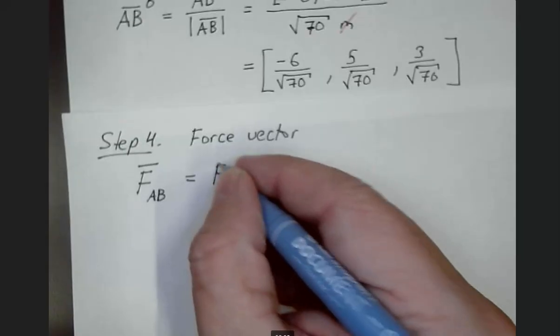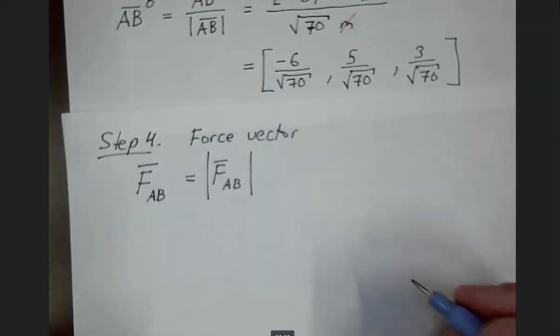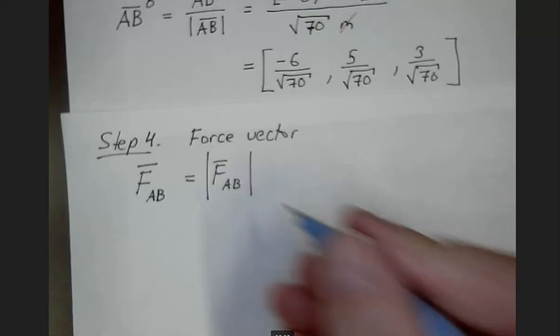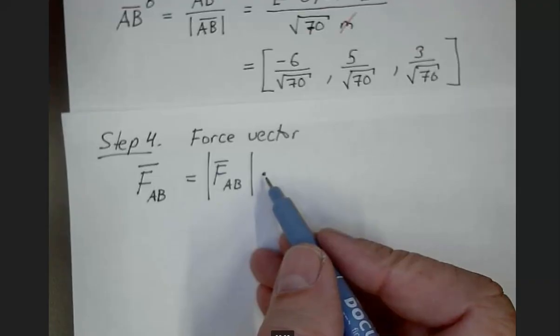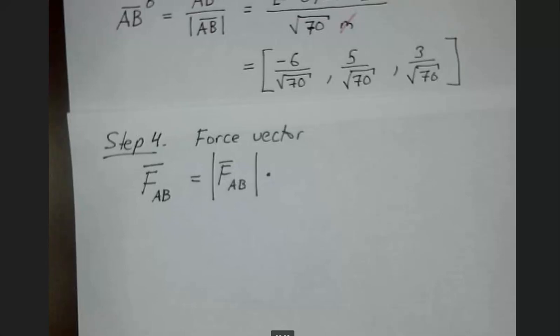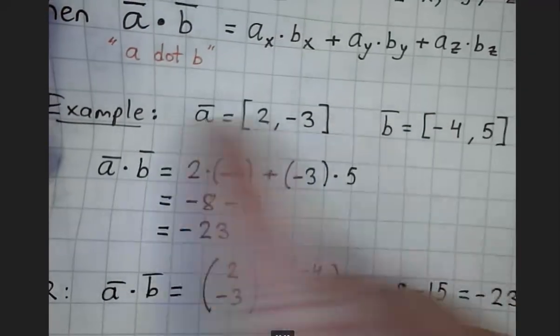The magnitude of this vector, we will notate with this absolute value sign, and then we multiply it. This is simple multiplication. It is not any dot product, because this dot product we had last time was a multiplication between 2 vectors.